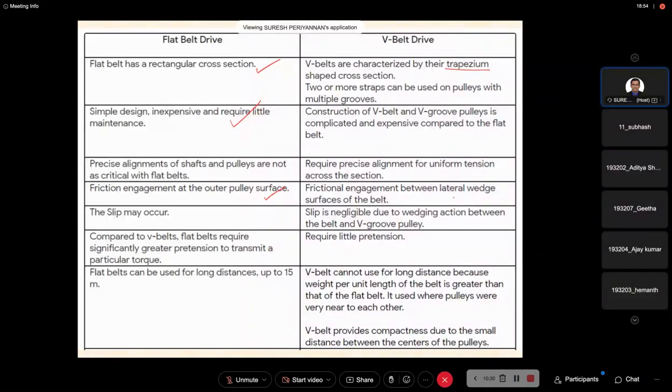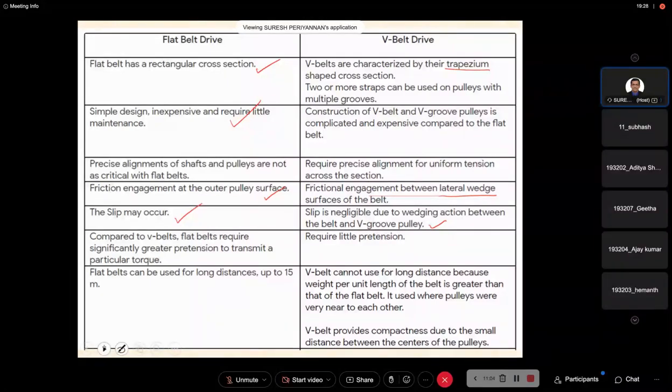In the V belt there is friction engagement on the lateral wedge surfaces of the trapezoidal cross section in the groove of the pulley. Slip may occur in the flat belt, and in the V belt slip is negligible. We are not saying slip does not occur. Due to wedging action between the belt and V groove, slip is negligible. These are the points we already discussed.